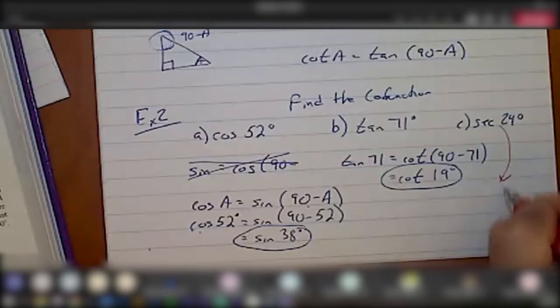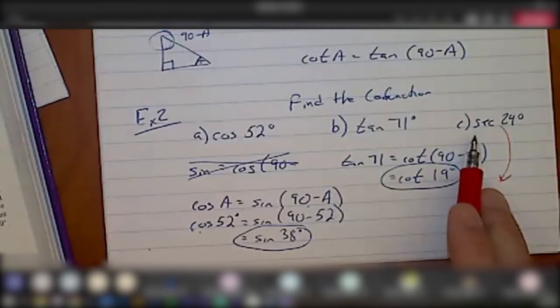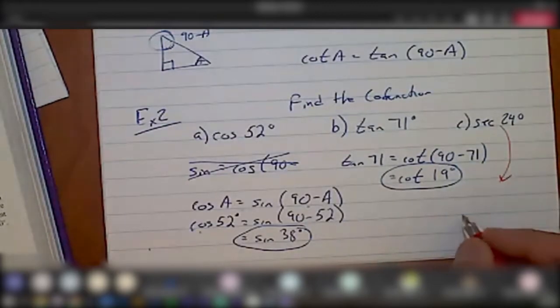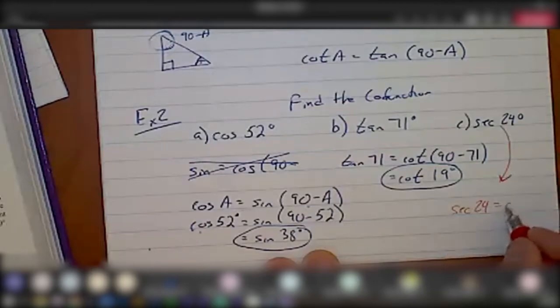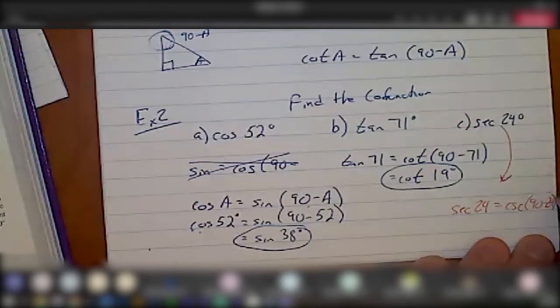Last, jump down here, I'm running out of space. The cofunction for secant. So secant of 24 equals the cofunction for secant, which is cosecant. And again, it's of 90 minus the angle, which in this case is 24. Apologize, I'm running out of space here on my paper.